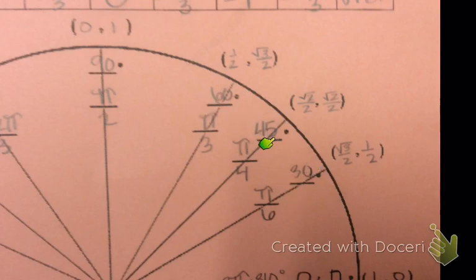It also works with 45, by the way. Radical 2 over 2 is cosine of 45 degrees. What number adds to 45 to make 90? Another 45. So notice that sine and cosine are the same there as well. All it means is that for two complementary angles, sine and cosine will be the same, and secant and cosecant will be the same, when you look at them.